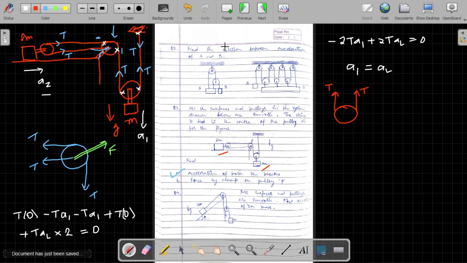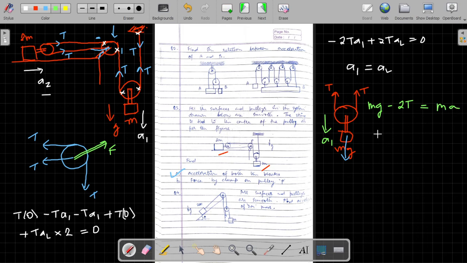The force acting in downward direction is the gravitational force mg. And what is the acceleration of the system? The acceleration of the system is also downwards, it is a1. So we write mg minus 2T, the downward force minus the upward force, is equal to mass times acceleration. So this is the first equation which we have obtained.